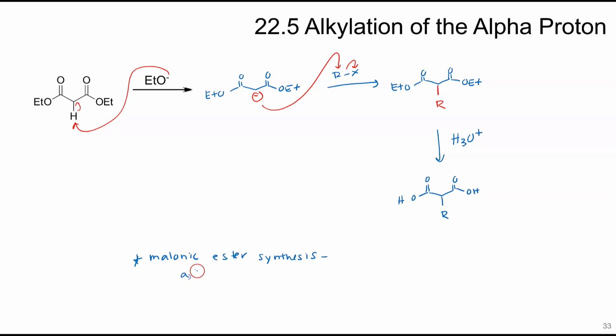So in that, a halide, which is the RX, can be converted into a carboxylic acid with 2 extra carbons. So halide can be converted into a carboxylic acid.